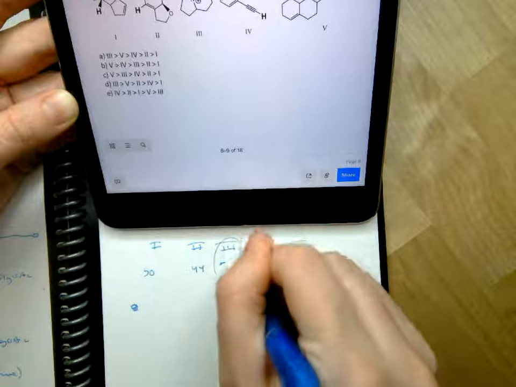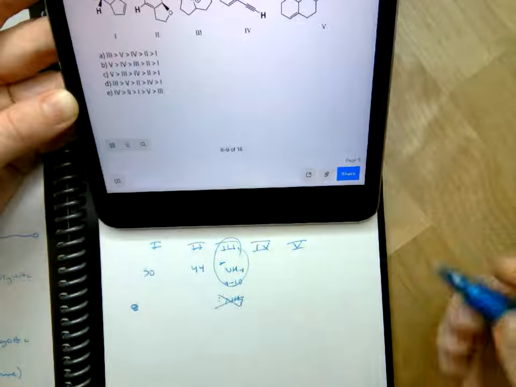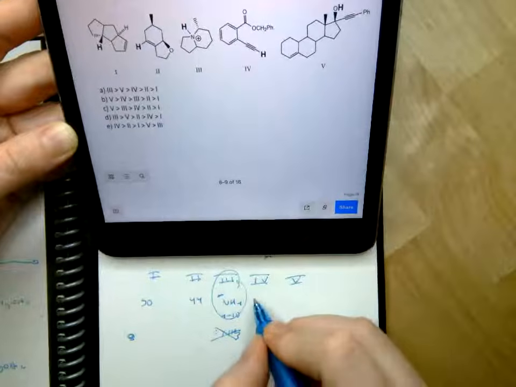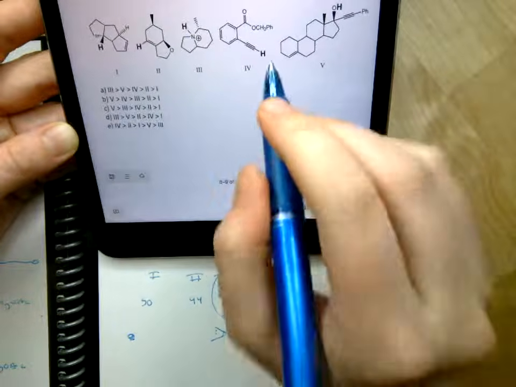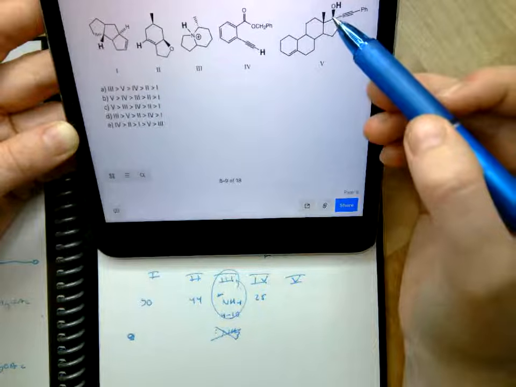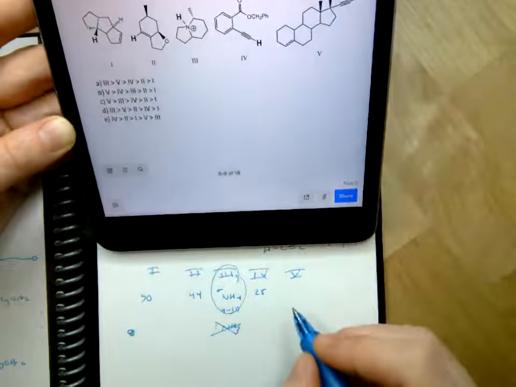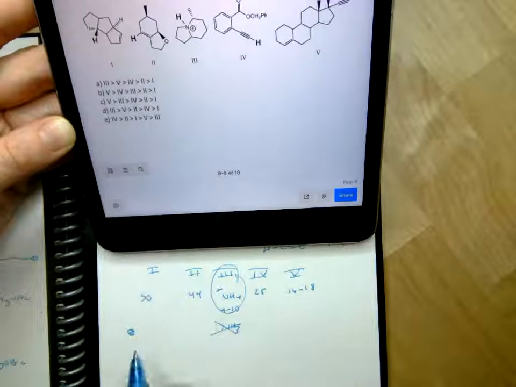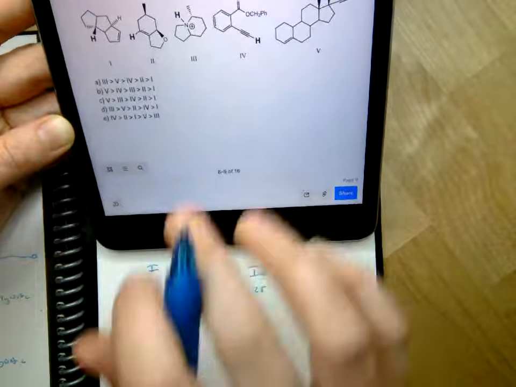So that's really what this will be like. It won't be like NH3, which is closer to 38. 4, the pKa is 25 because it's a hydrogen off of a carbon-carbon triple bond. And then this last one, it looks like it's just an alcohol, and alcohols are usually in the 16 to 18 range.